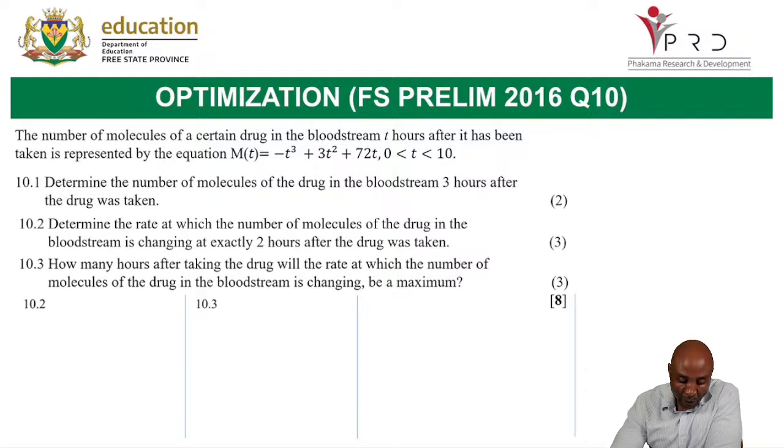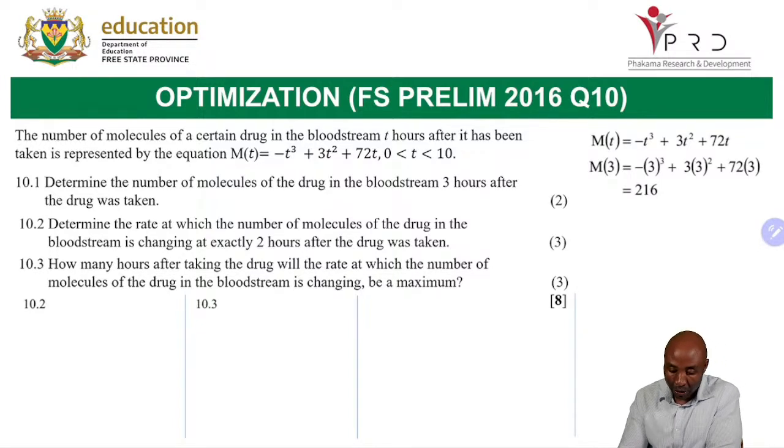We have to determine the number of molecules of the drug in the bloodstream 3 hours after the drug was taken. So remember, 3 hours means our time is 3. Where there is t, we just substitute 3 and it will give us 216 molecules.